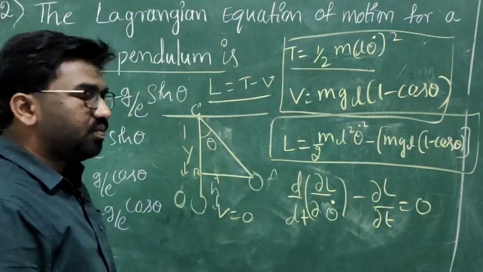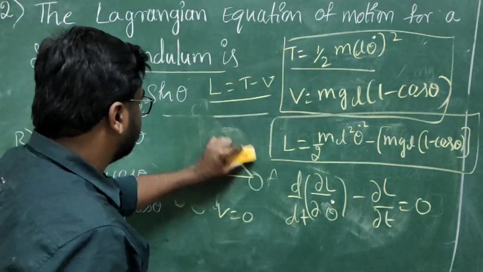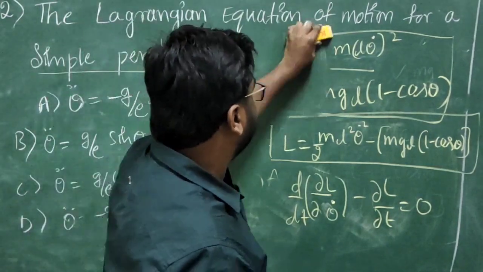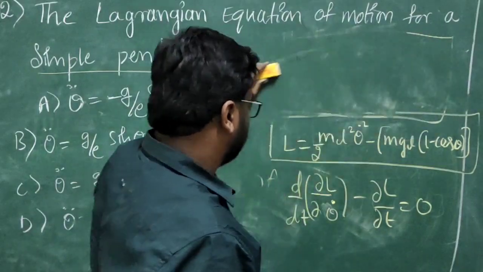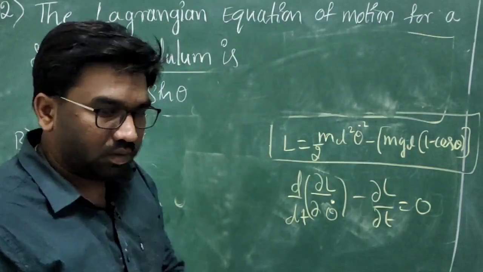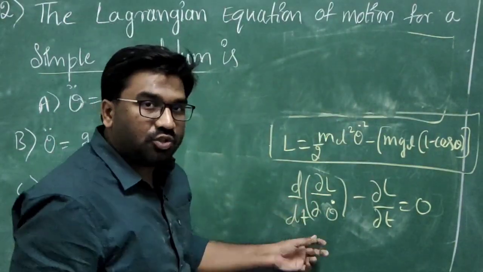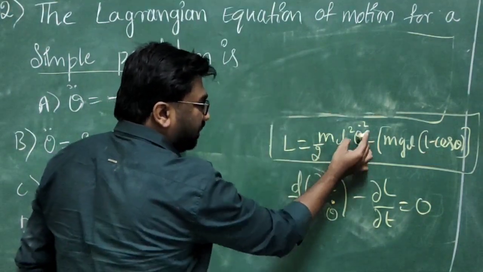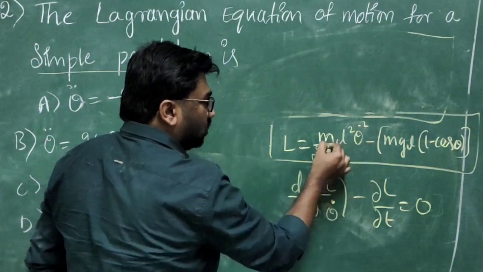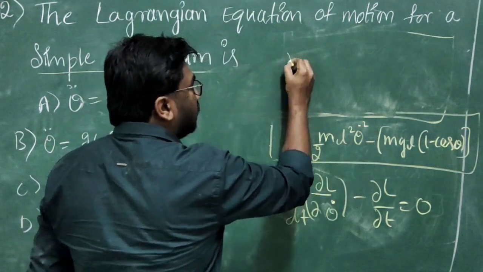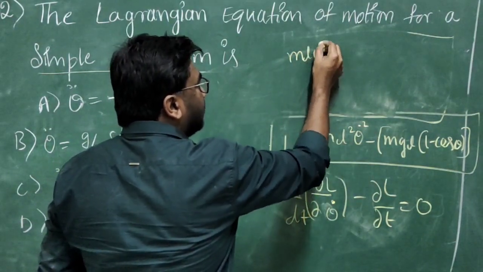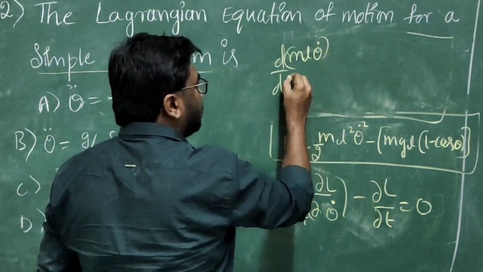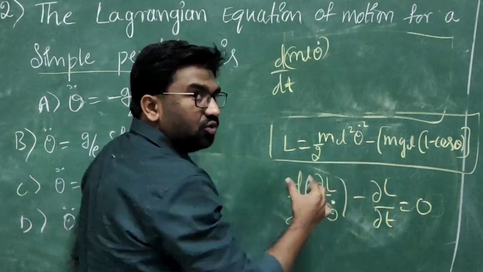So this is the equation of motion. Now what is dou L by dou theta dot? Differentiate with respect to theta dot, then the 2 cancels, so we get m L square theta dot.